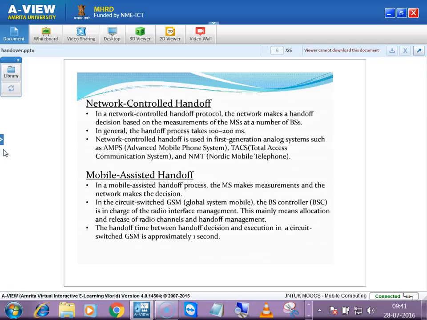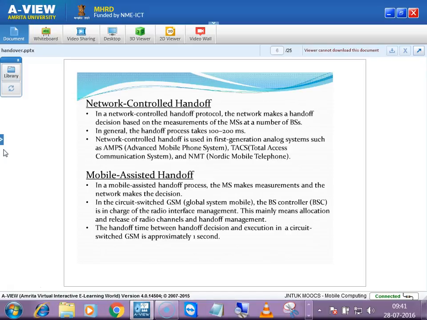Because whenever it is surrounded with 4 base stations, it will be receiving signals from the 4 base stations, right? So it will monitor that signal strength and give the reports to the base station network. So the network will make the decision based on the measurement reports received from the mobile stations.